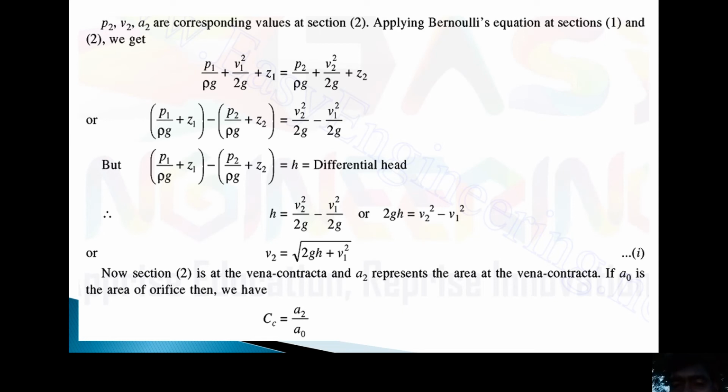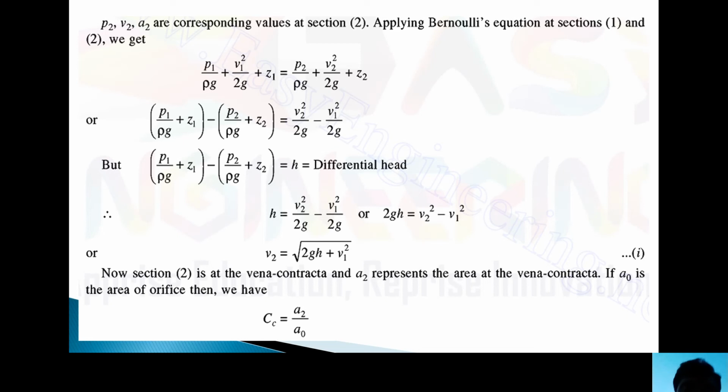So P1 by rho g plus Z1 minus P2 by rho g plus Z2 equal to H. In this, the total is replaced with H. Therefore H equal to V2 square by 2g minus V1 square by 2g, and 2gH equal to V2 square minus V1 square.